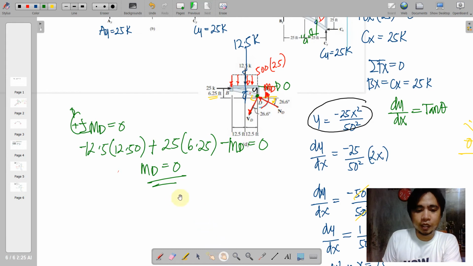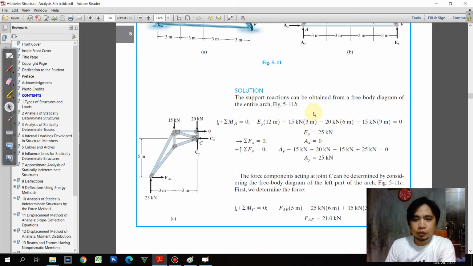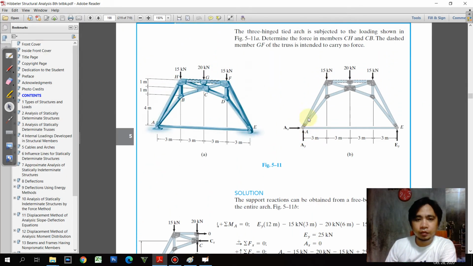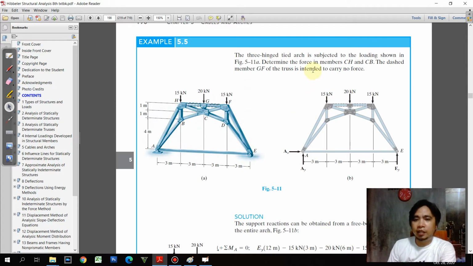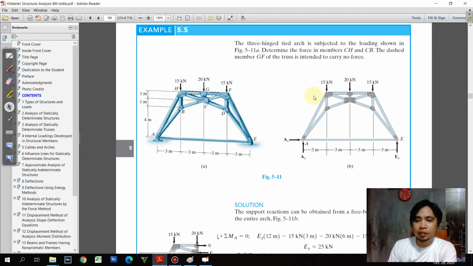Let us try another one. So in here we have another 3-hinge arc tied is subjected to the loading as shown in the figure. So we have this again, the idealized structure. We are bound to determine the force CH and CB.